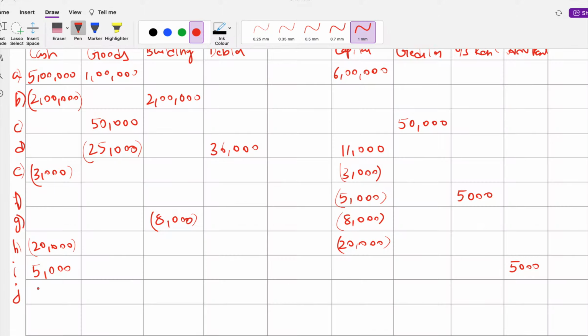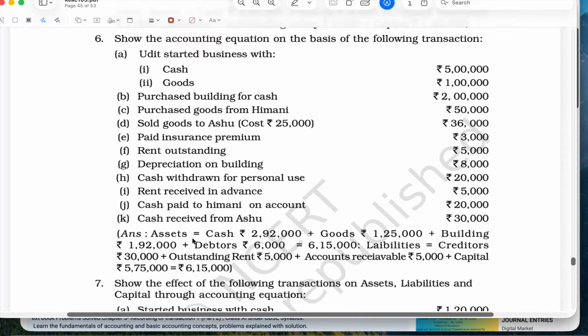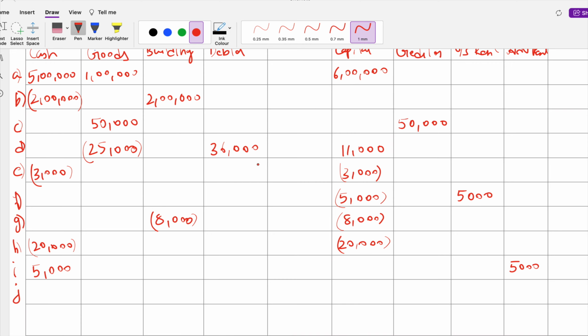I, we have J. Cash paid to Himani on account 20,000. So Himani is our creditor. We are supposed to pay him 50,000. We are paying 20,000. So cash balance will reduce by 20,000, and creditors will also decrease.